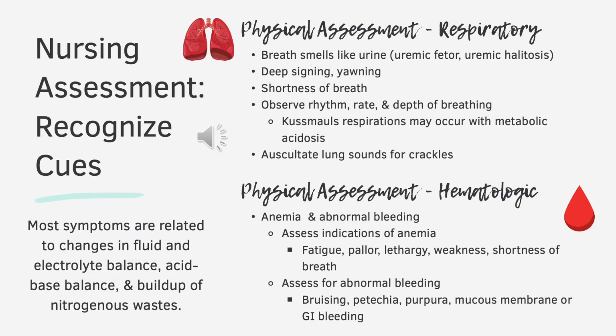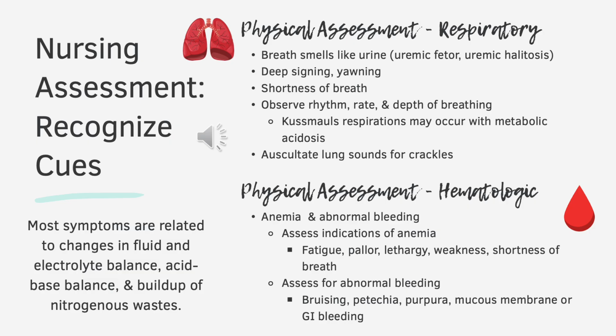Again, it's just signaling the body's attempt to compensate for that severe acidosis. Some patients may also present with pneumonitis or a uremic lung, where you'll need to assess for symptoms like thick sputum, reduced coughing, fever, and tachypnea. And again, always remember to auscultate the lungs for crackles, which could indicate fluid overload.